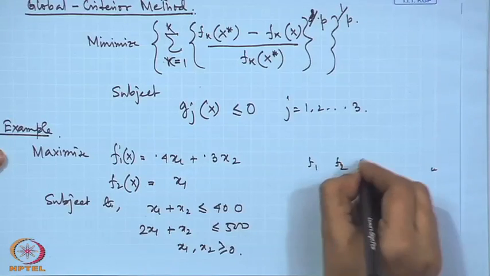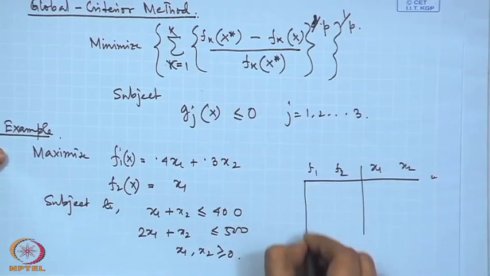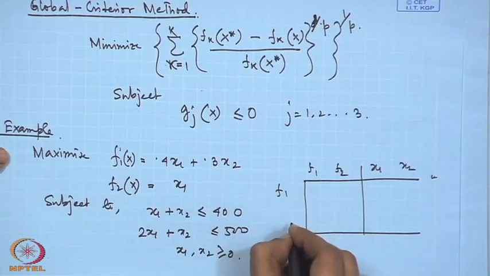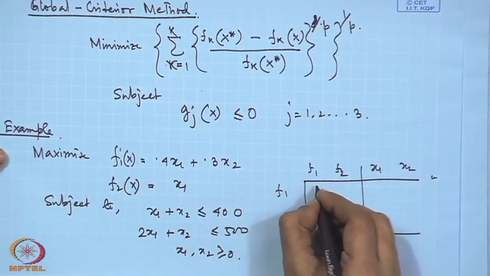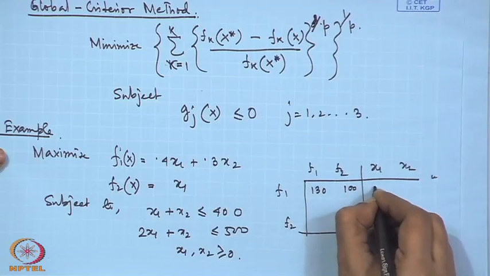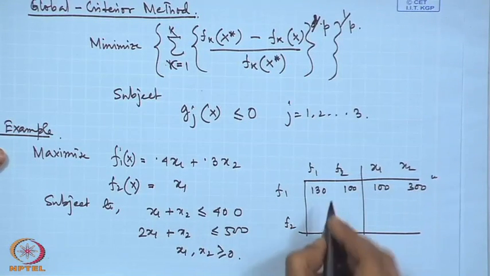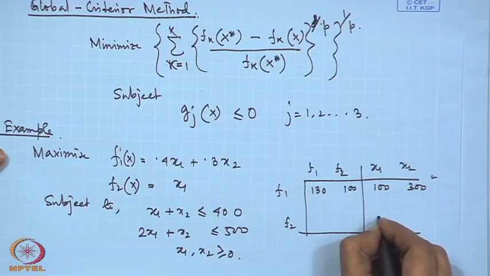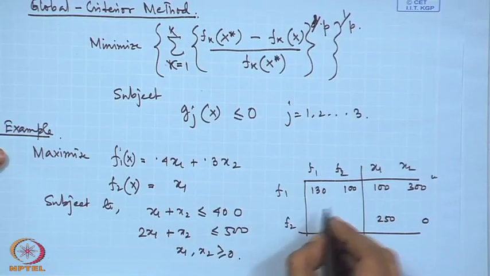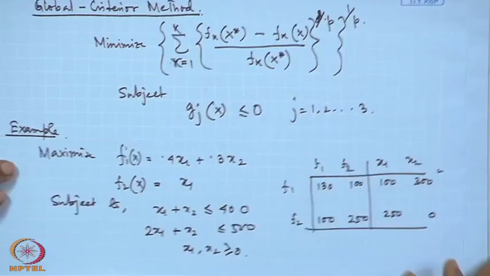All the information we can put in the table like this. At the point (100, 300), f1 is having maximum value 130, and at the point (250, 0), f2 is having maximum at 250. All right.